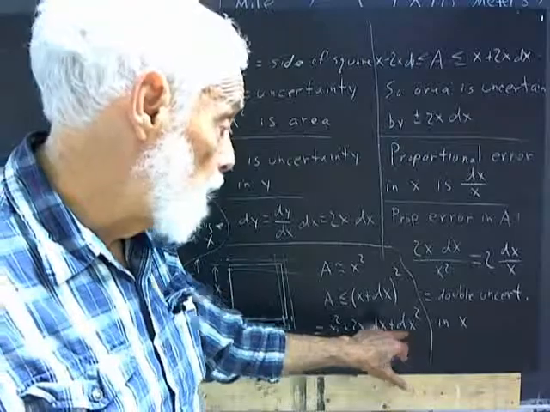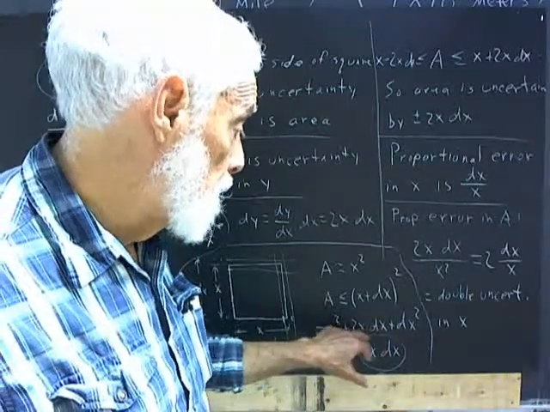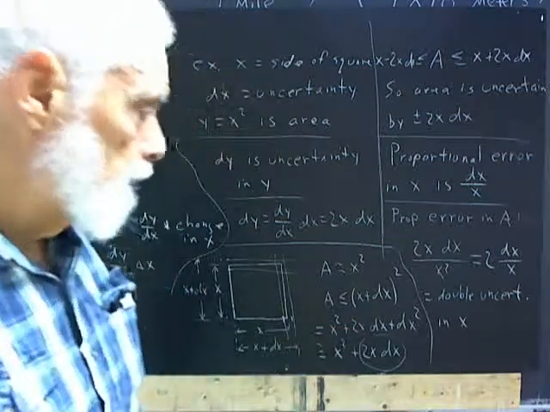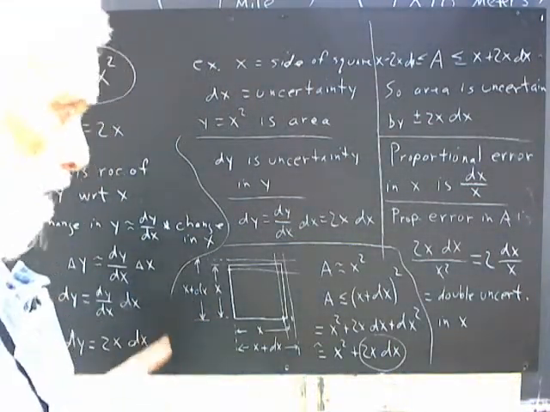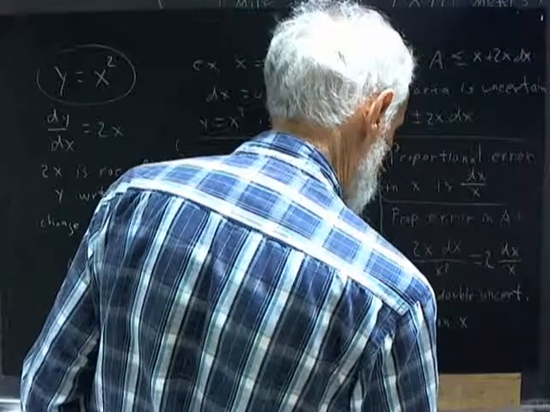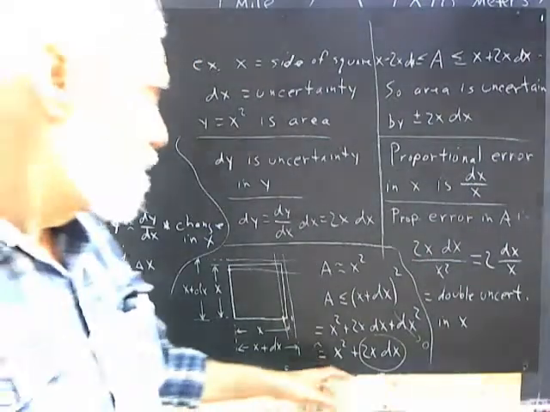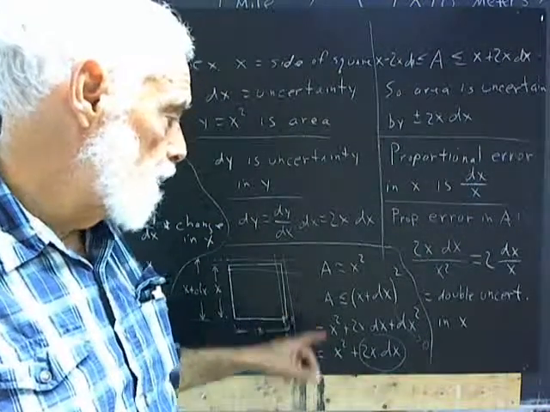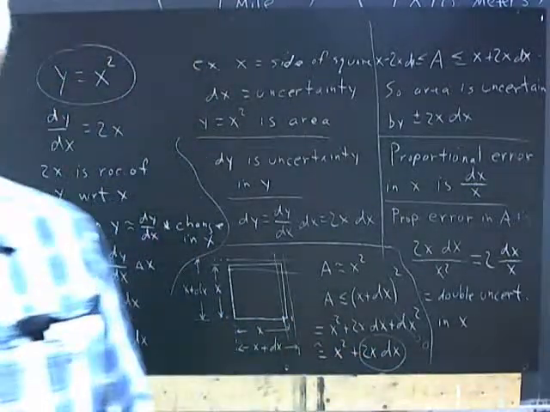Observing that if dx is small compared to x, then dx squared is going to be very small compared to 2x dx. So we say that dx squared is pretty much going to be 0. So we're going to put a little arrow here and say that's going to be pretty close to 0, leaving us with the conclusion that A is less than or equal to x squared plus 2x dx.